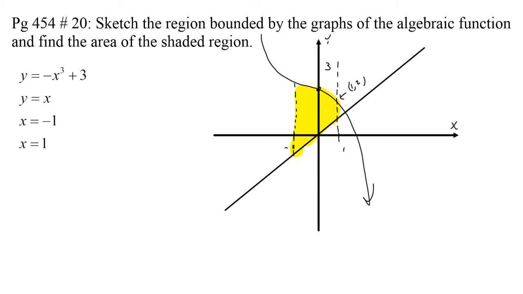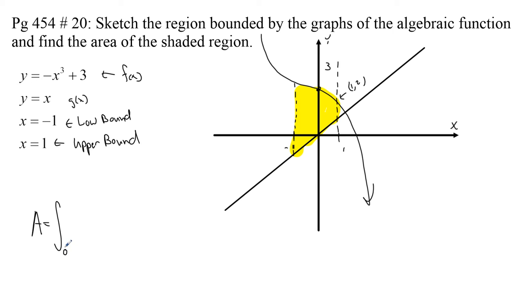All right. And clearly, just in the context of the definitions, this is my f of x function, and this is my g of x function. This is going to be my lower bound, and this one's going to be my upper bound. So it's fairly easy to set it up. I'm just going to say the area is going to be the integral from 0, oops, sorry, not 0. I told you what the lower bound was, and then I screw it up.